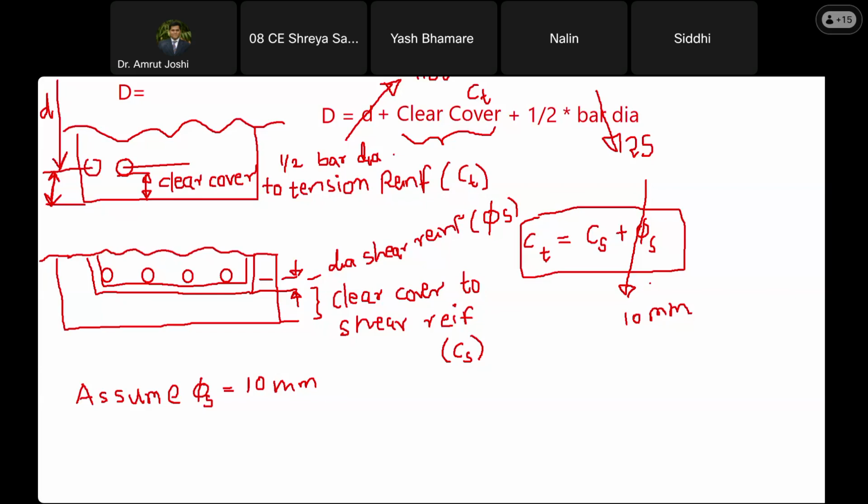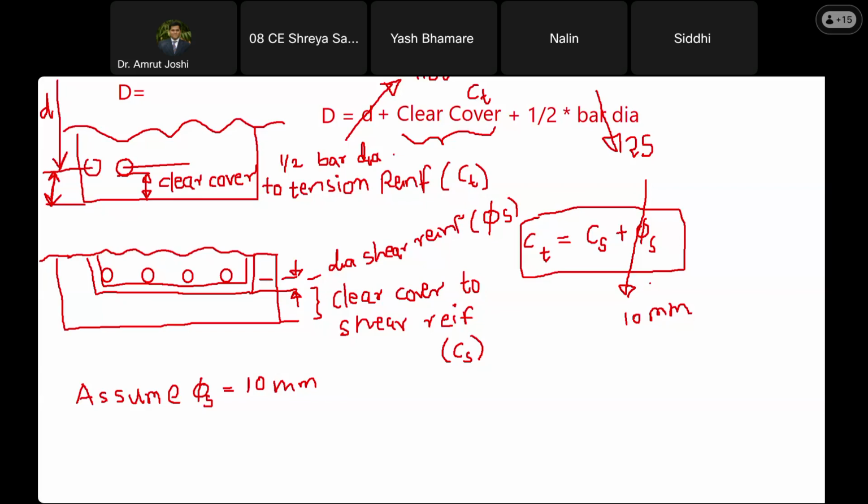So all environmental degradants, which are essentially acidic in nature, which are harmful for the metal reinforcement inside, their ingress will be inhibited by the presence of this cover because the concrete is alkaline in nature. Are you with me? Yes, sir.